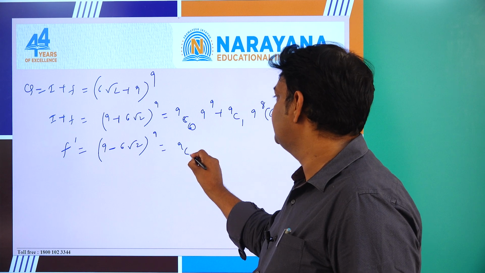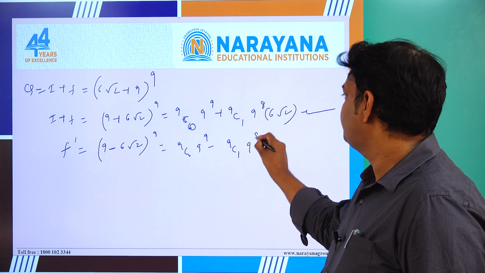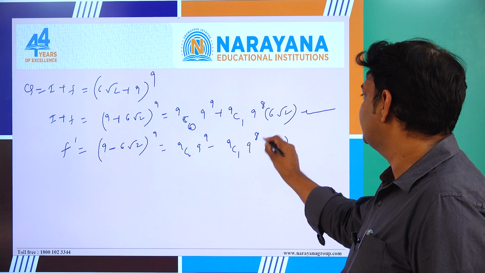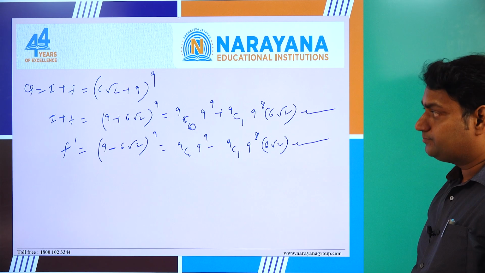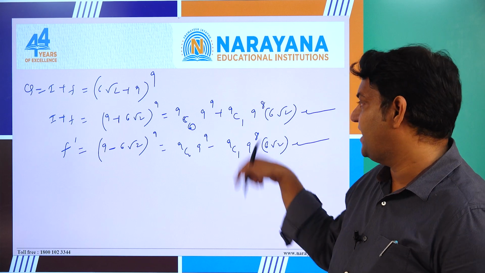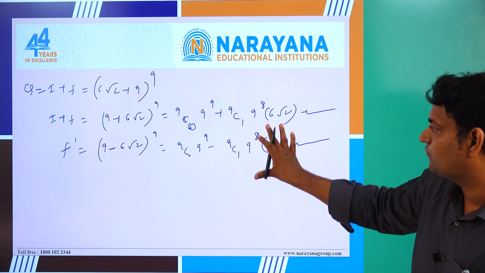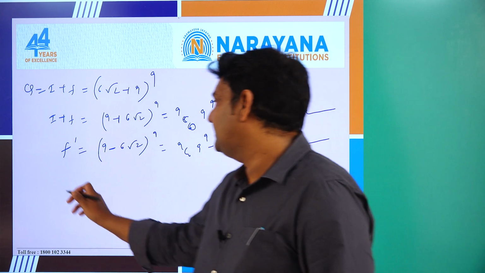What will you get? 9C0 9 power 9 minus 9C1 9 power 8 into 6 root 2 plus and so on. And again, as I said, we want the rational. So shall we add or subtract? See that 6 root 2 is an irrational number. I don't want this, so obviously we will add. Let us add.